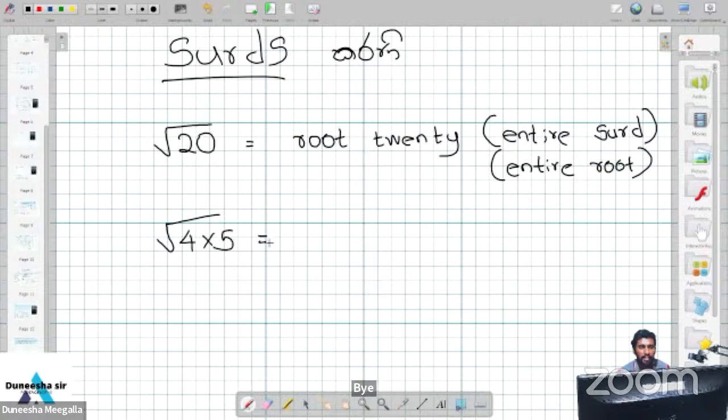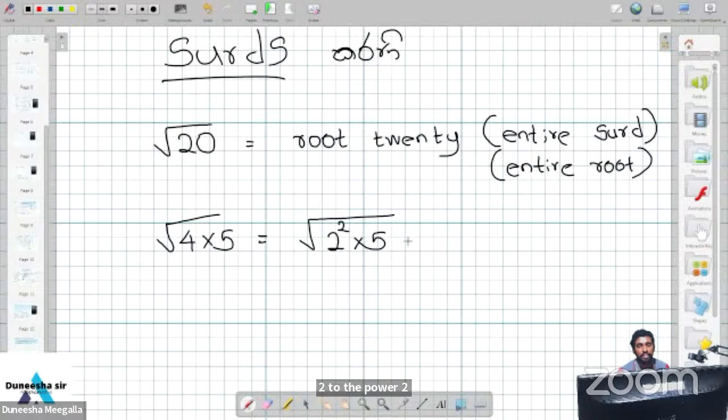Okay, then there is a root. Now can we write 4 in index and base form? 2 to the power 2. Okay, then multiplied by 5.